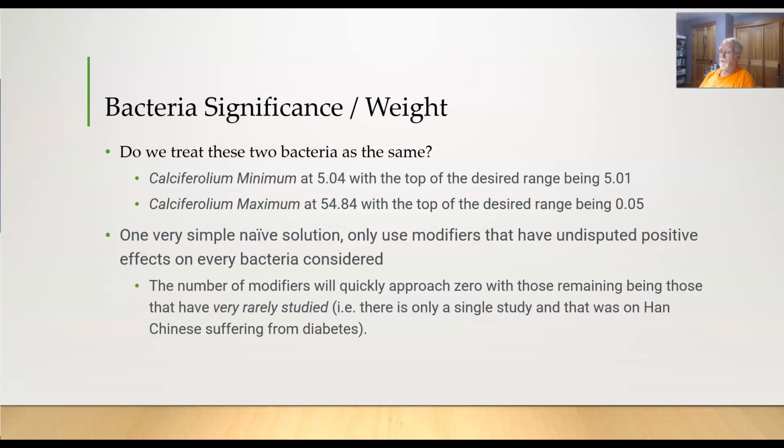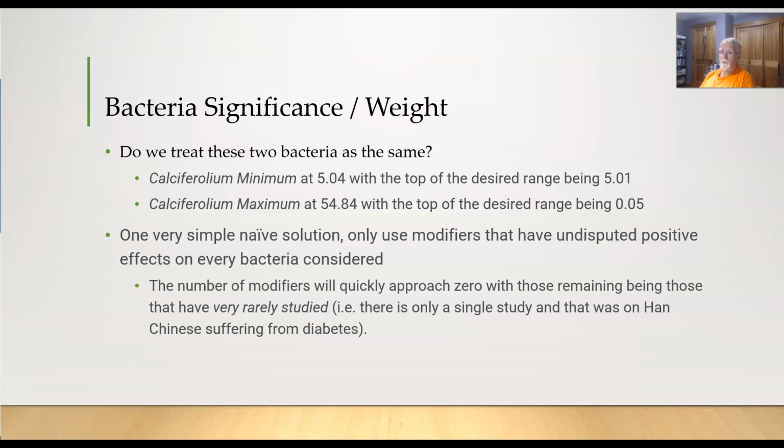One is a 5.04, desired range 5.01. So it is less than 1% difference between them. In our case, we have it, how should we say, 1,000 times difference. How much weight do you give to that bacteria? And how do you do it?